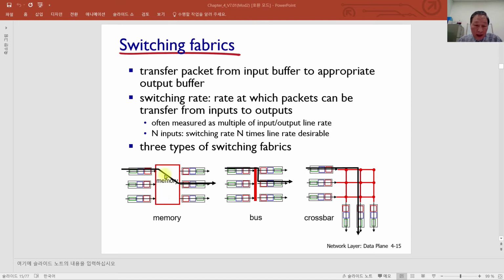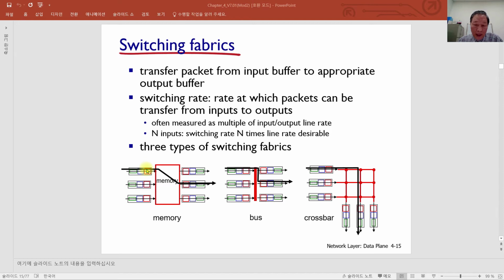The switching speed, in terms of performance, should be higher than each individual speed. If there are n inputs, then the switching rate should be n times the line rate. This is each line rate, and the switching speed should be faster than these, 1, 2, 3, higher than that.